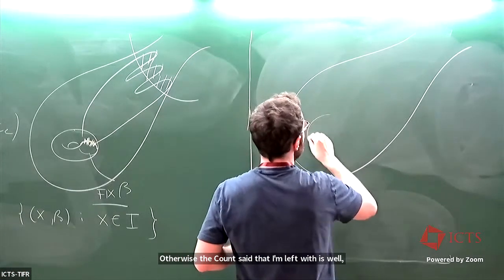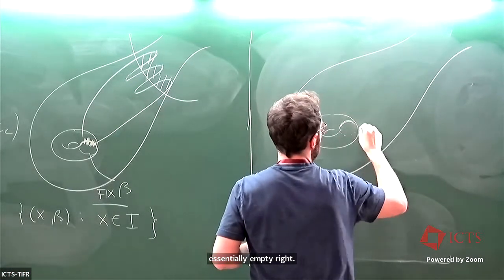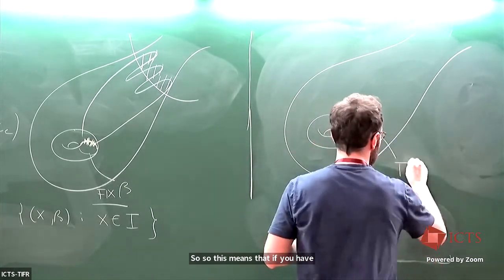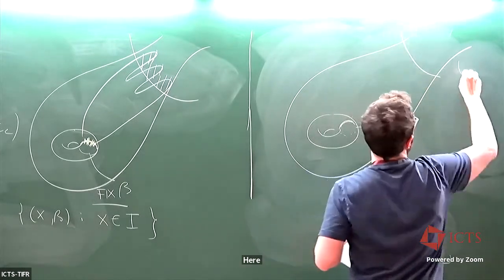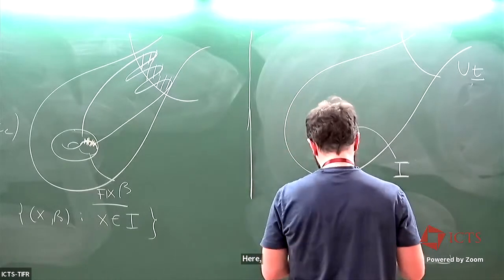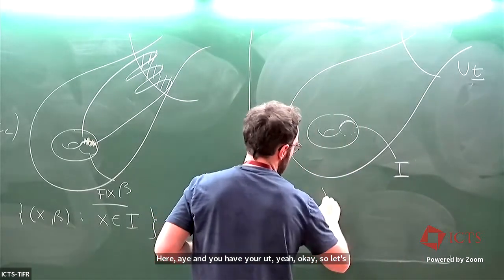So this means that if you have your interval I here, and you have your u_t here, let's give a name to the things that we want to remove.